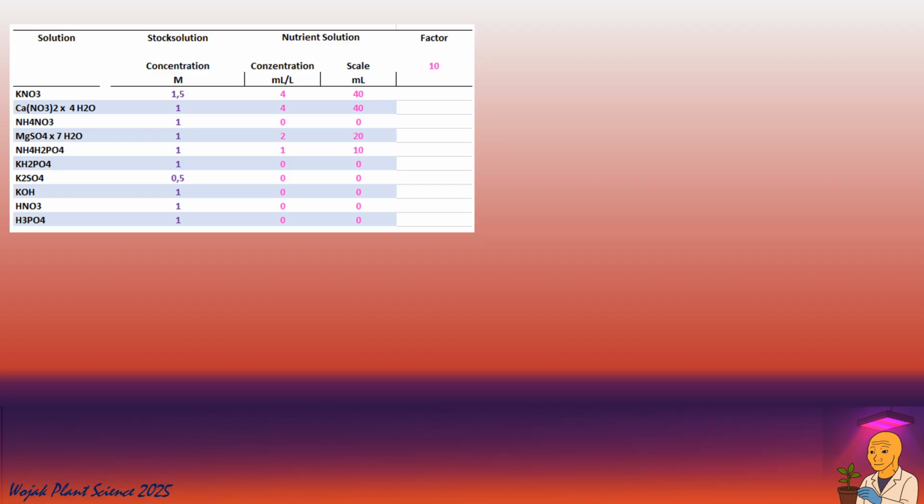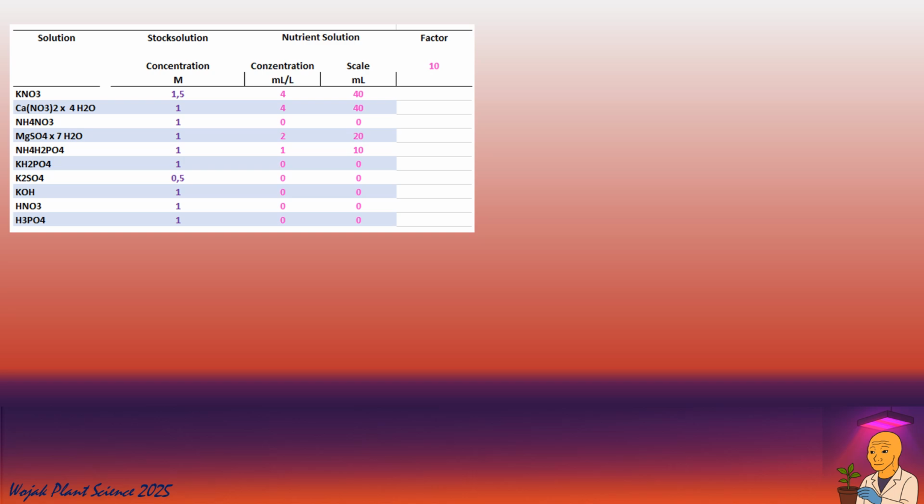And of course, our stock solutions, we call them stock solutions because we dilute them with water. So we take some water, we put in our nutrient solution what we require, and then we fill them up to 1 liter or 10 liters, whatever. And you see, of course, we here have concentrations.